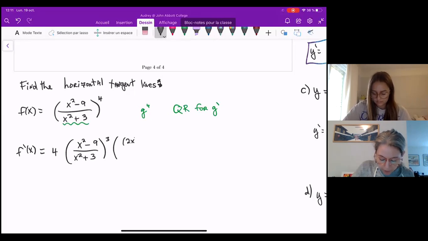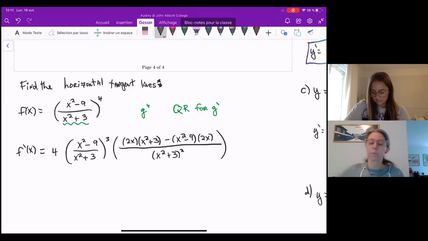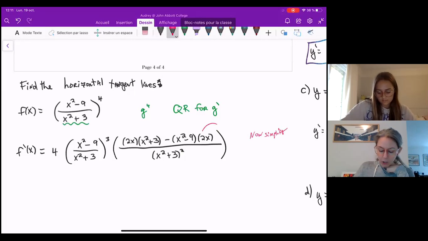So it's the derivative of the top times the bottom minus the top times the derivative of the bottom, divided by the bottom squared. So what we have said about quotient rules like this is that to simplify, I need to start by treating the numerator as if I just did a product rule.